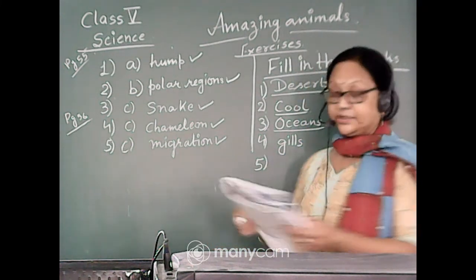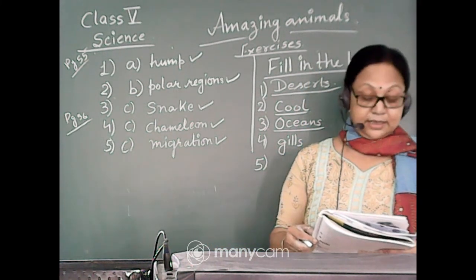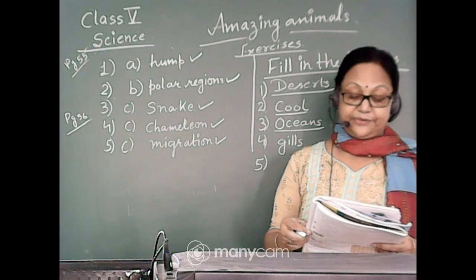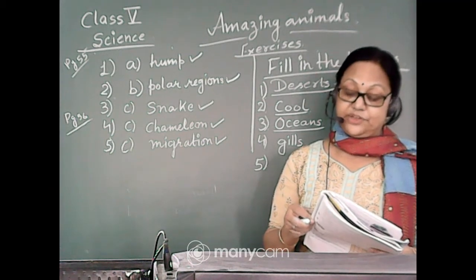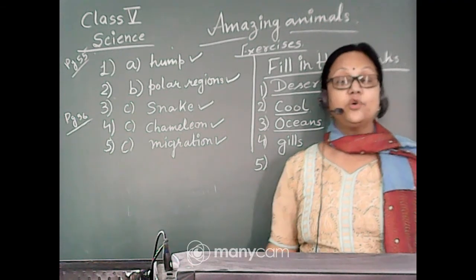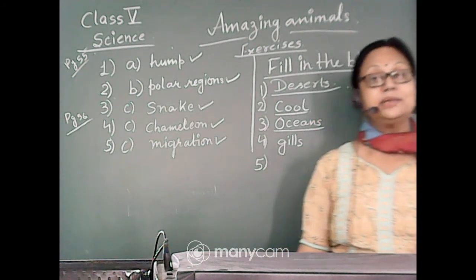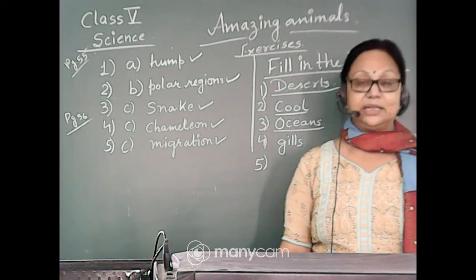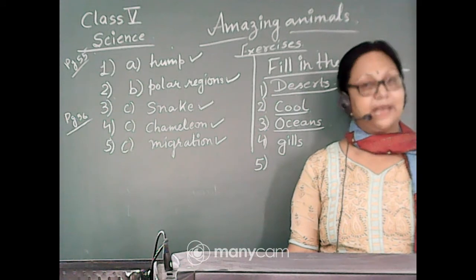Now the next fill in the blank is given here. Dash can live both on land and in water: fishes and salamanders. We know amphibians are the animals who can survive in water as well as on land.